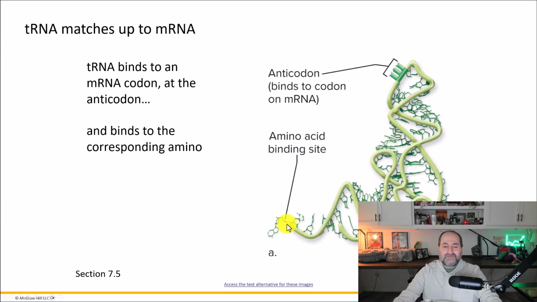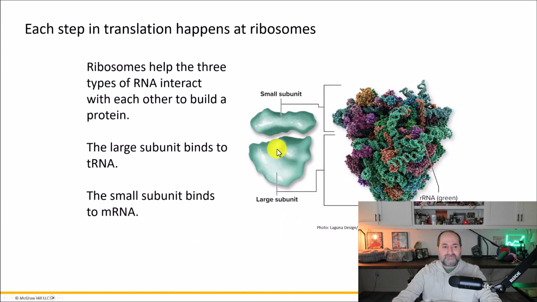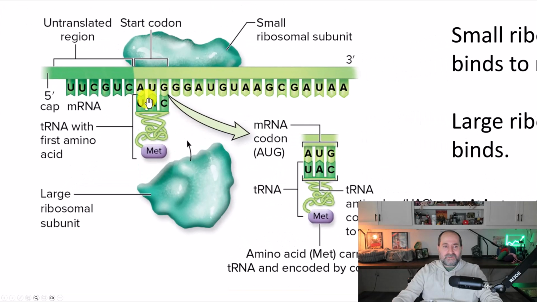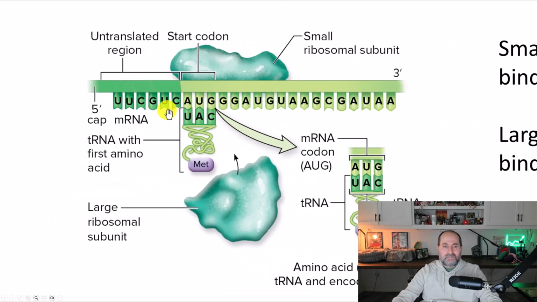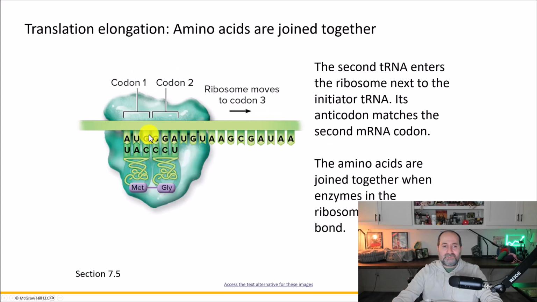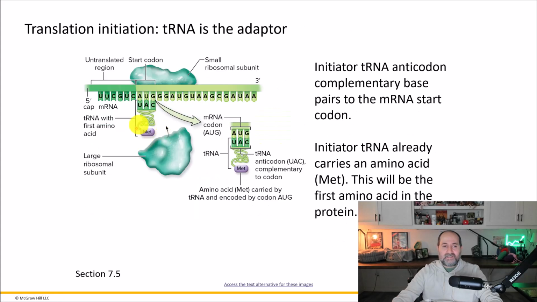The analogy I use is that tRNA serve as printer cartridges for translation. The ribosome is the printer. It prints proteins. Remember that the start codon is near the 5' cap, and that's where translation initiates. And every protein should start with the amino acid methionine.